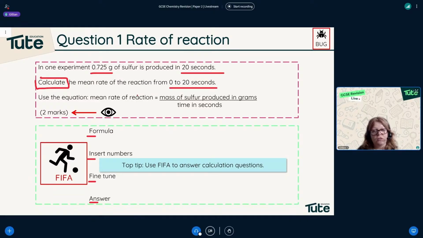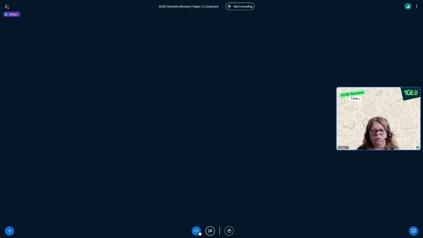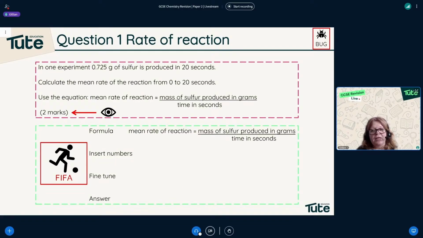Use this equation. If they don't give you the equation, another tip is I would learn that equation. It's the mass of product produced in grams divided by the time in seconds. So I've produced 0.725 grams of sulfur in 20 seconds. I write down the formula, then insert my numbers, so it will be 0.725 divided by 20.